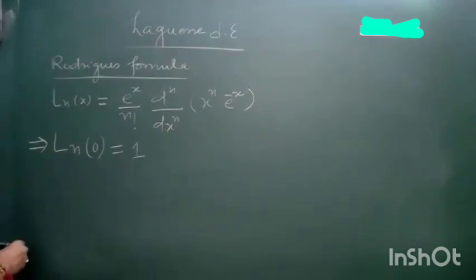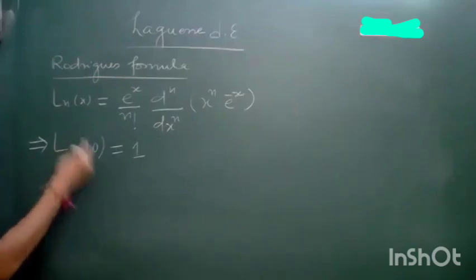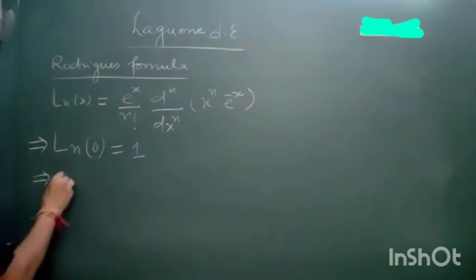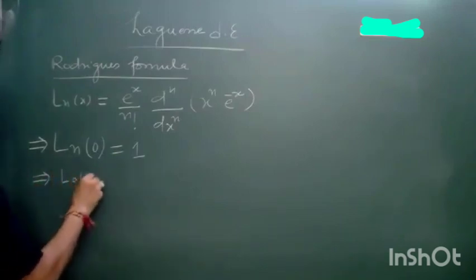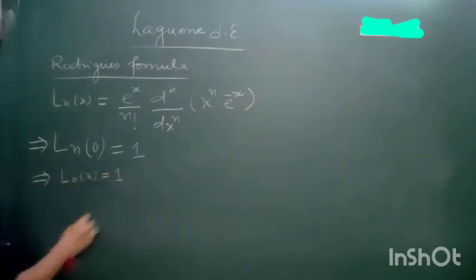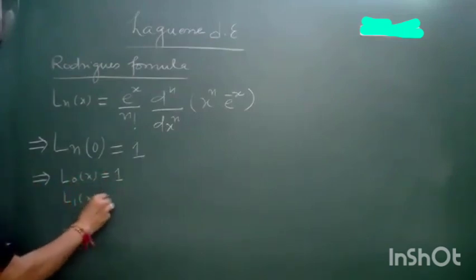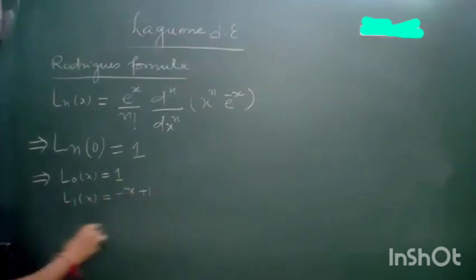So let us write a few polynomials like we do for every problem. The value of L0(x) is equal to 1. The value of L1(x) is equal to minus x plus 1.